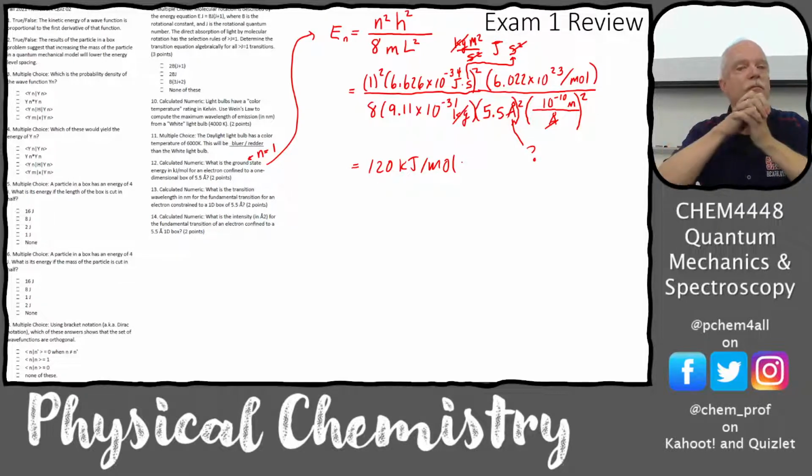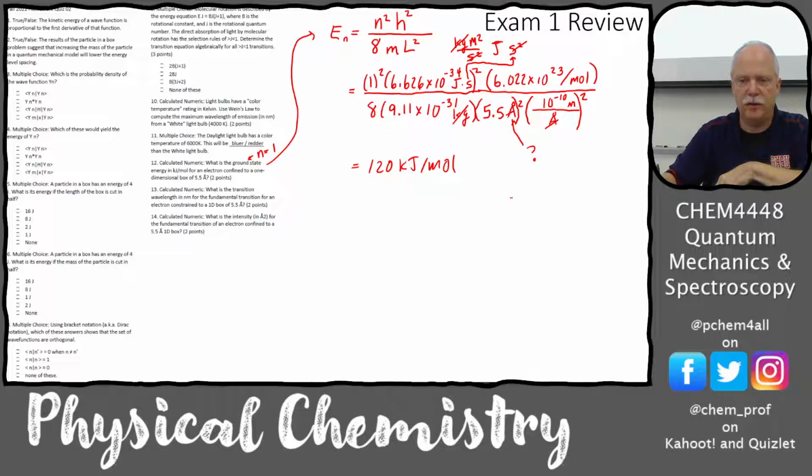Yes? Why isn't it joule squared when you cancel out your units at the top? What I did was, since this joule times second is squared, I'll break it into small pieces. So joule times second was squared in there.